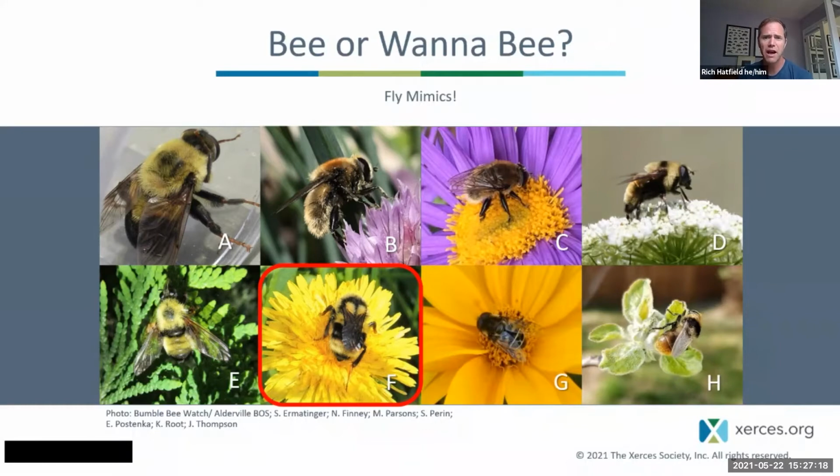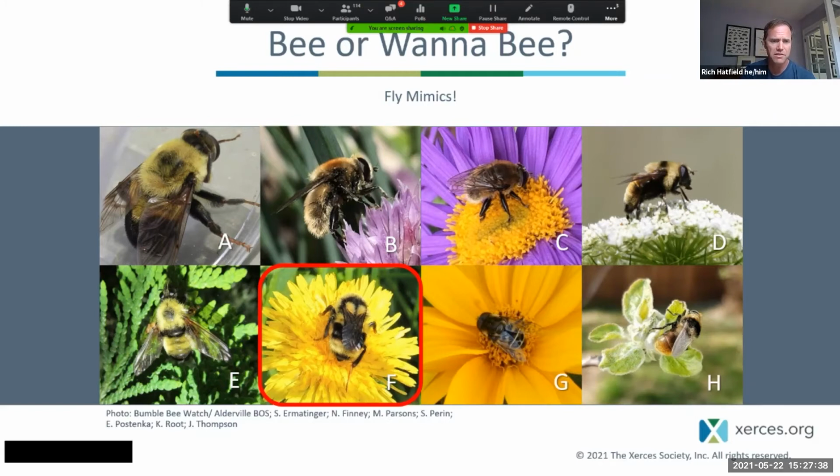So if you're a fly that looks like a bee, then a bird might be less likely to try to eat you if it was afraid you were going to sting it on the tongue or somewhere on its body while it was trying to eat you. This mimicry provides protection for animals that aren't bees. So every single other one on this page is actually a fly.